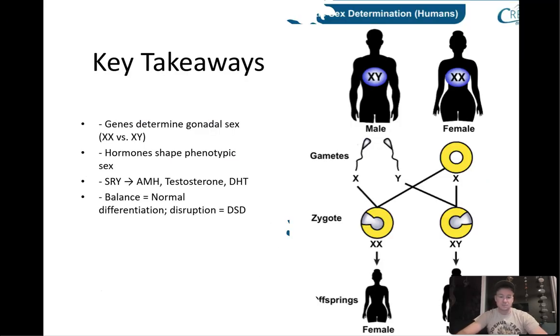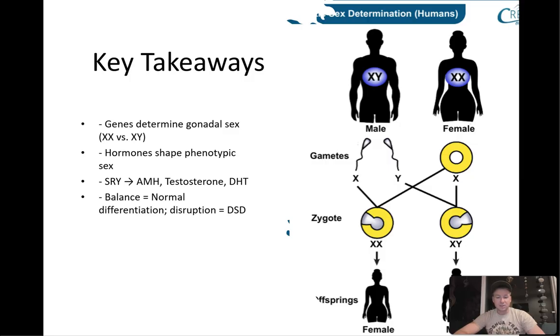So, to conclude, the determination of gender is a multi-step biological process that beautifully demonstrates gene-hormone cooperation. Chromosomes establish the blueprint, XX or XY, but hormones execute the plan, creating the physical characteristics we associate with male or female anatomy.